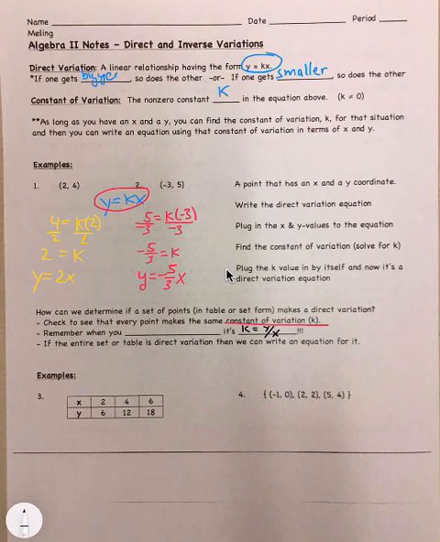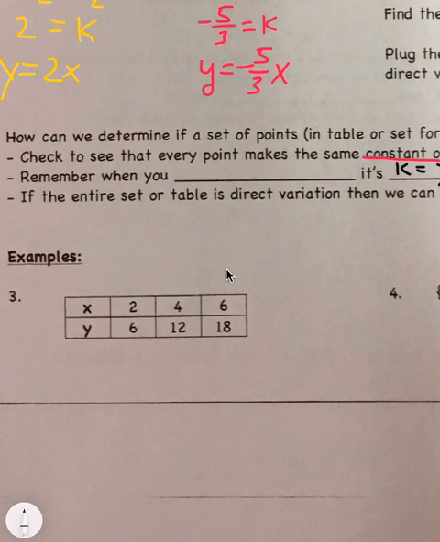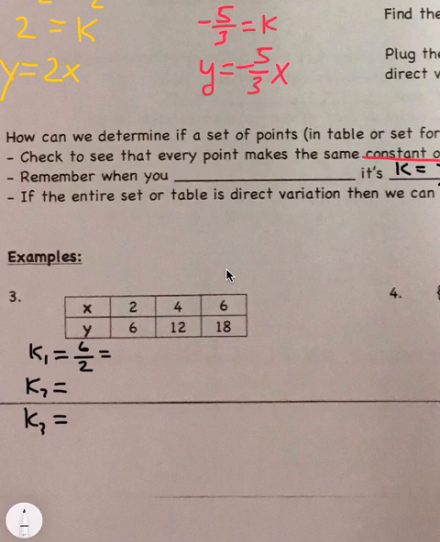If the entire set or table is direct variation, then we can write an equation for it. So if we look here, I like to find my k sub 1, my k sub 2, and my k sub 3. So k1 is 6 over 2, which is 3. k2 is 12 over 4, which is also 3. And k3, 18 over 6, which is 3.